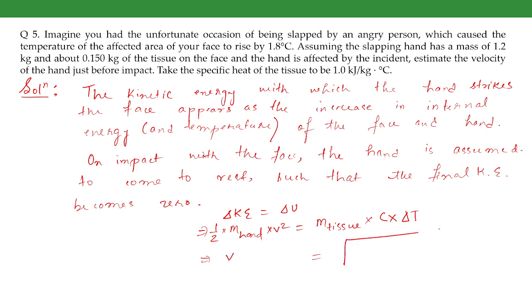This will be the square root of 2 into m tissue into c into delta T by mass of the hand.